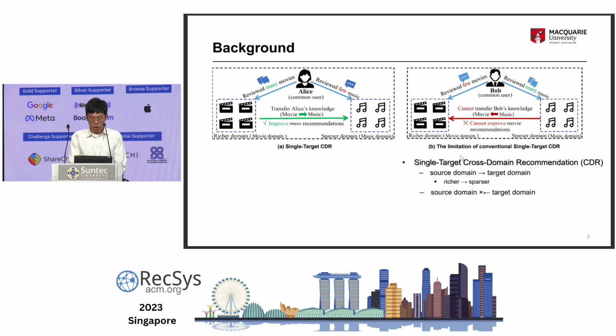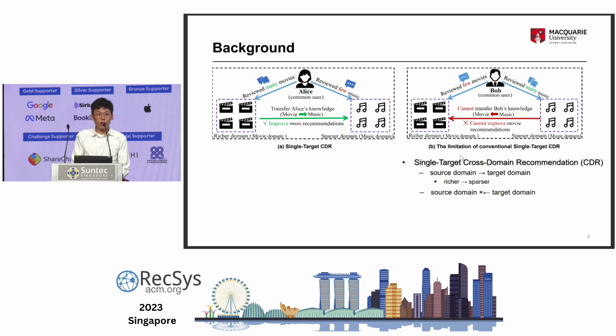As we all know, single-target cross-domain recommendation, termed single-target CDR, aims to transfer the common user's knowledge. For example, here the common user Alice, transfer Alice's preference from the relatively richer domain to the relatively sparser target domain.